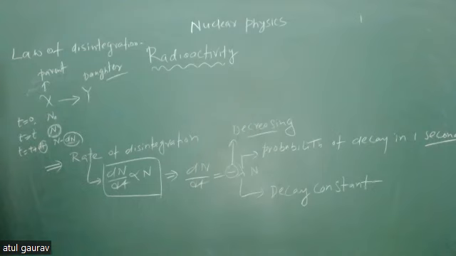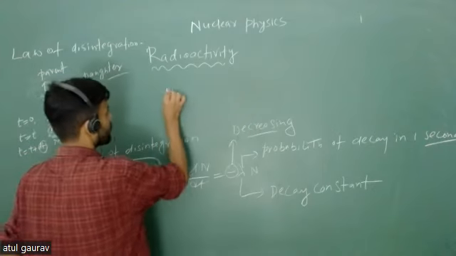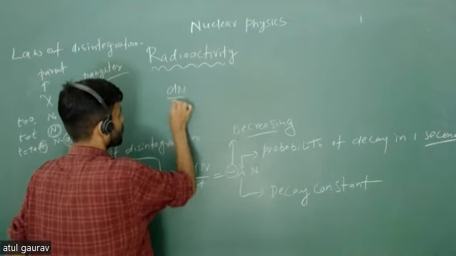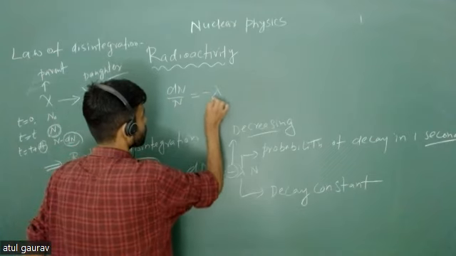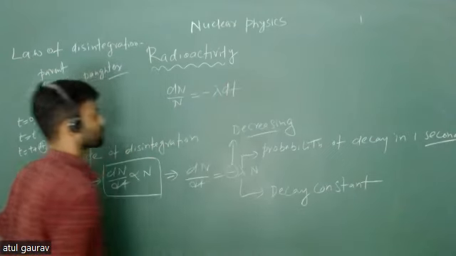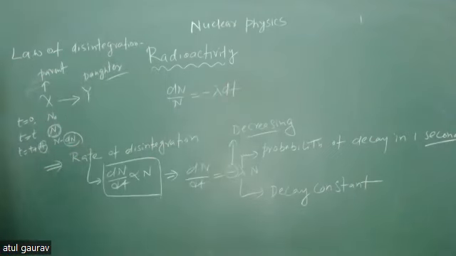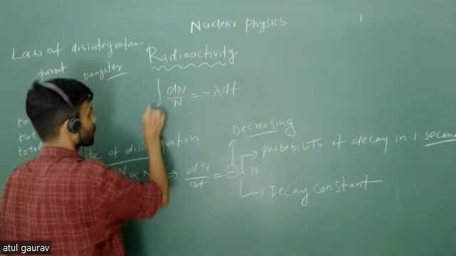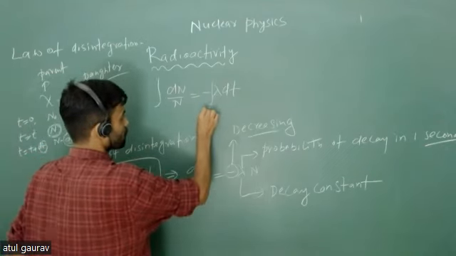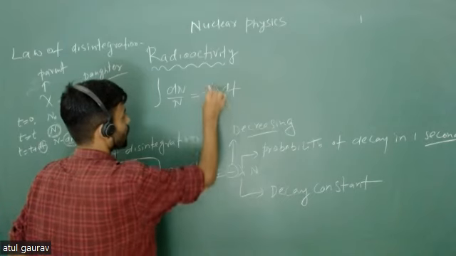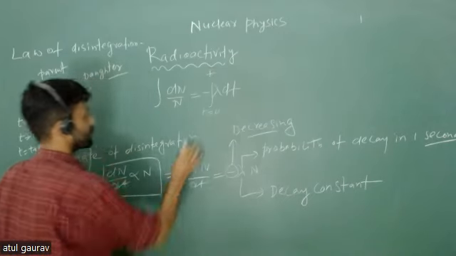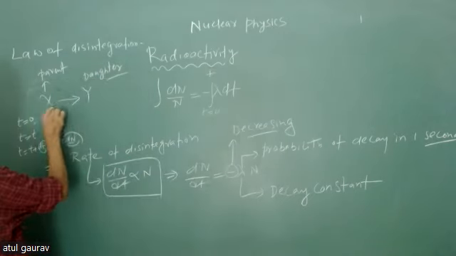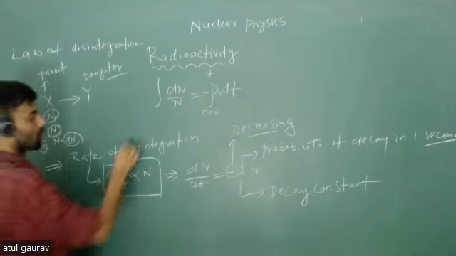Yes. Now we can write like this, right? dN by N equals minus lambda dt. Now at time t equals 0, and let us see at time t equals t. At time t equals 0, the number was how much? N naught, right?